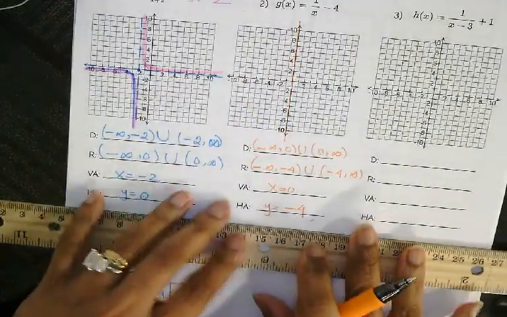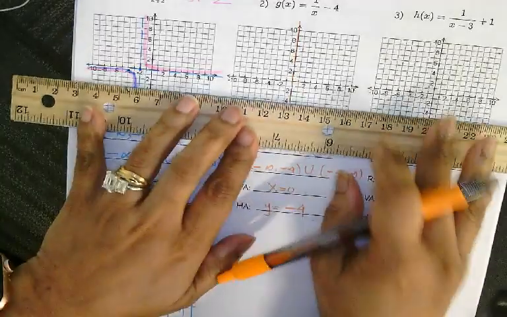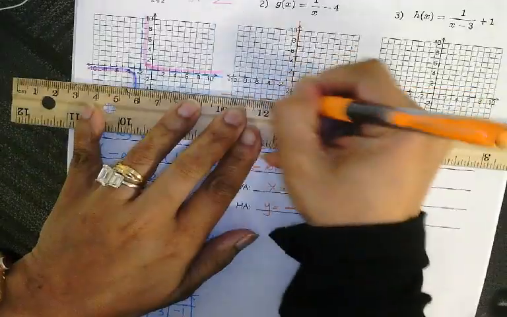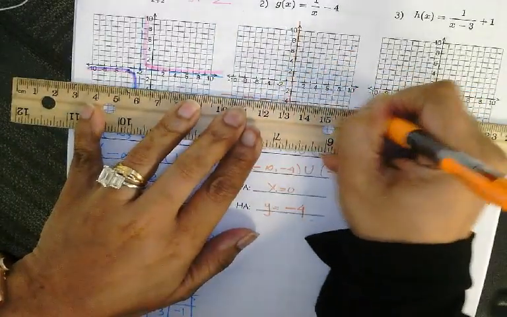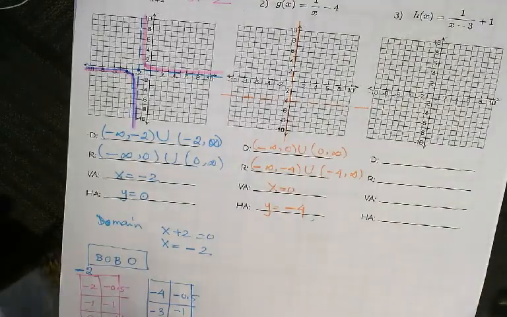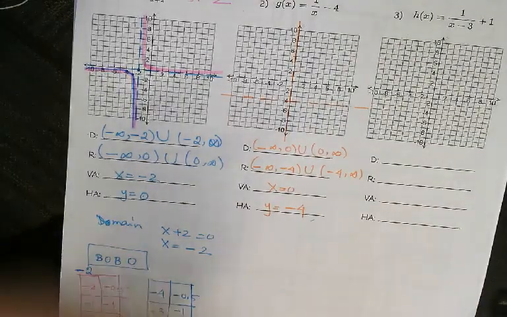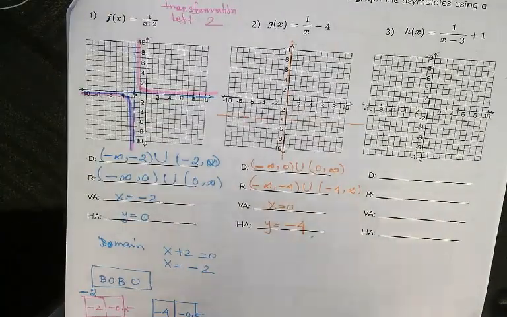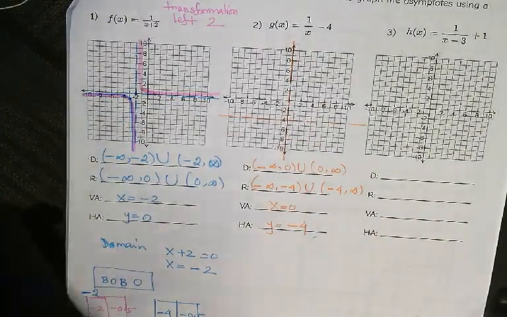And then it's y equal to negative 4. That's the horizontal asymptote. You're going down 4 units. Since there is only one transformation, we can just look at it and draw the graph easily. But again, it's a better practice if you know how to do the transformation, so you can do it that way.